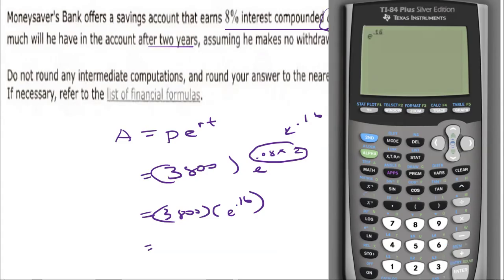Okay. And then we're going to press enter and we get this number here. And then we're going to multiply it by the 3800. So again, notice I don't do any rounding. Let me try it again. All right, here we go. All right, so we get $4,459 and 34 cents.